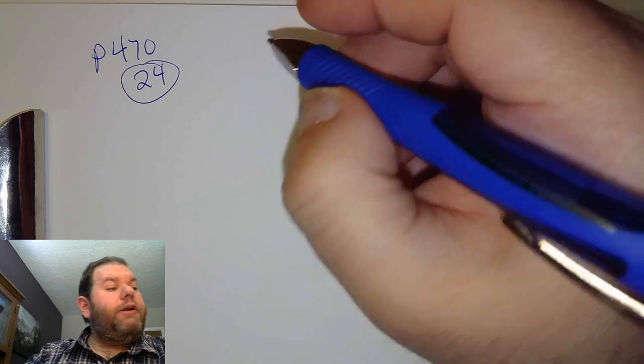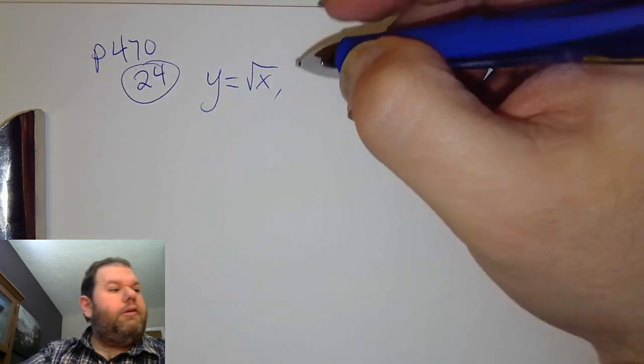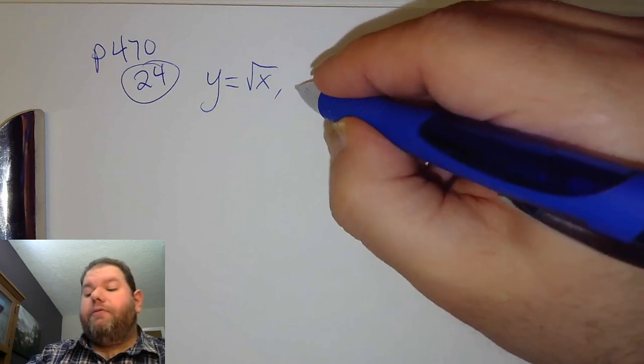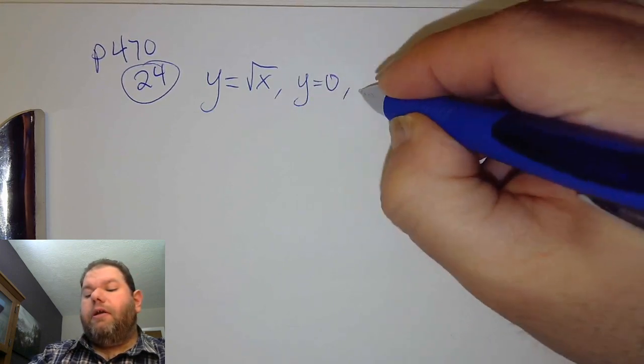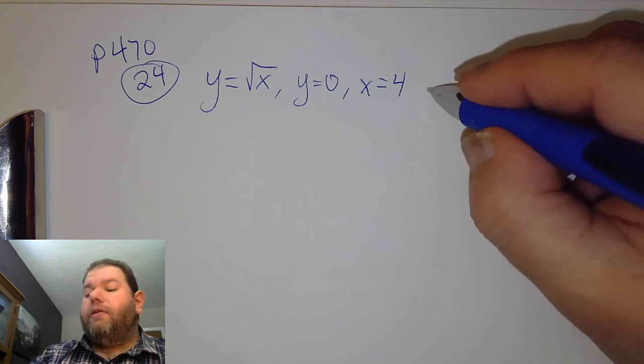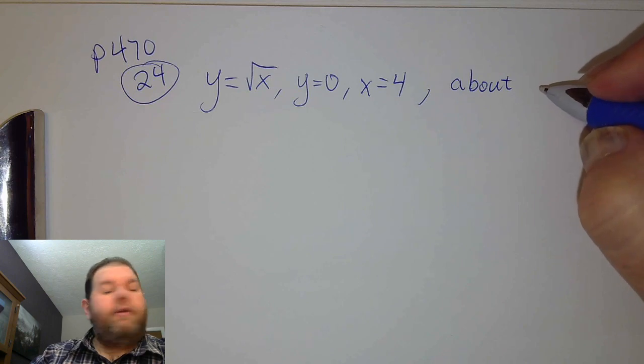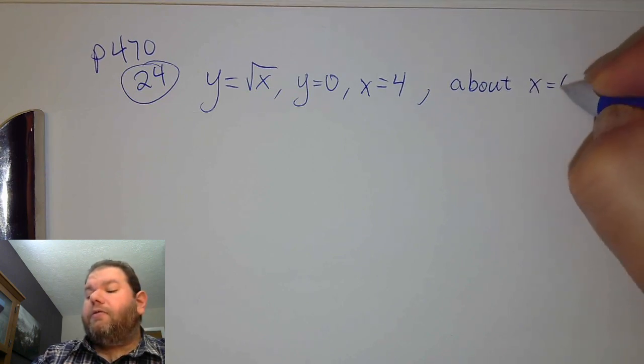We're given y equals the square root of x, y equals 0, x equals 4, and the graph is going about x equals 6.